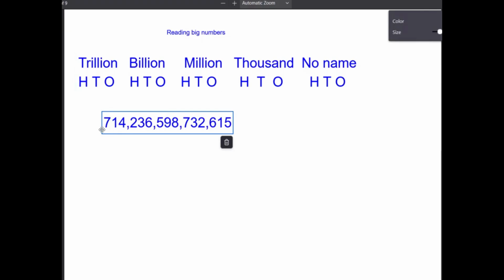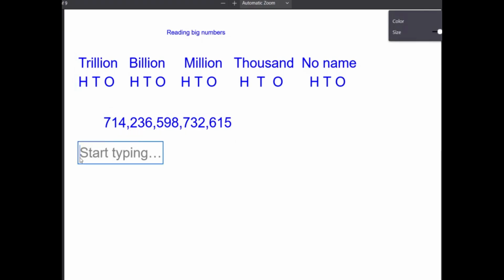When you read all of them as one number, we know the first group is the trillion. So you will say 714, then trillion. Then 236, then billion. Then after the billion, you read the next group, 598, and then you say million.